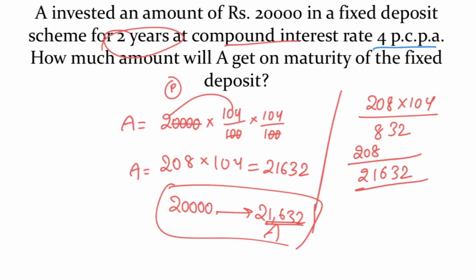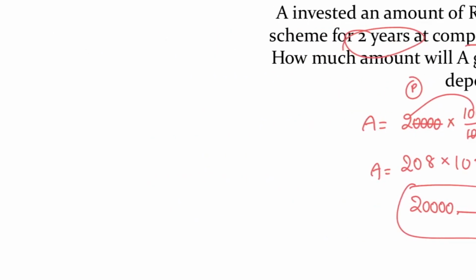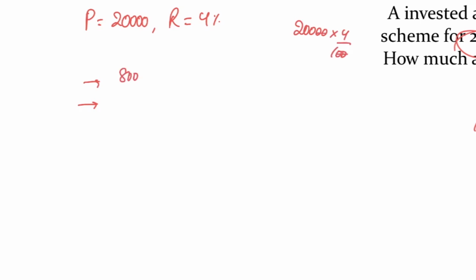Or if you don't want to use this method, there is another method which I told you earlier. How much is principal? 20,000. And what is rate of interest? 4%. Time period 2 years. First year on 20,000, 4%, that is 800 rupees.